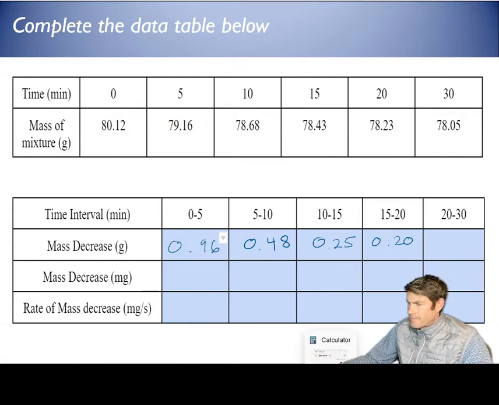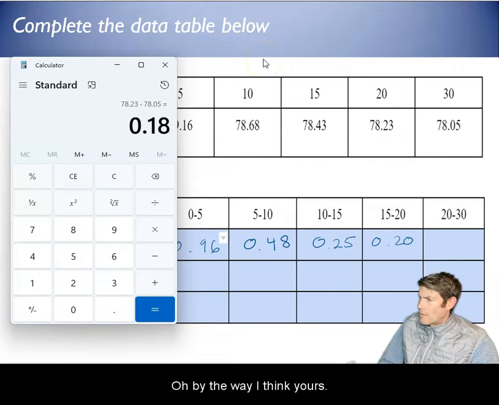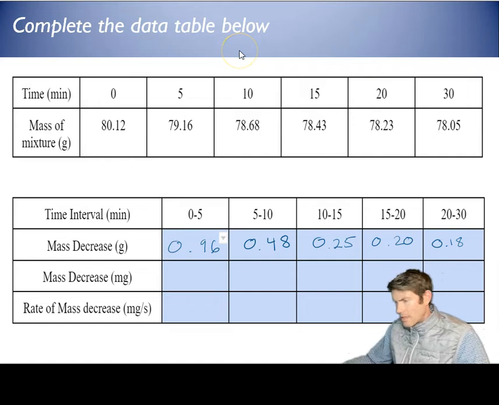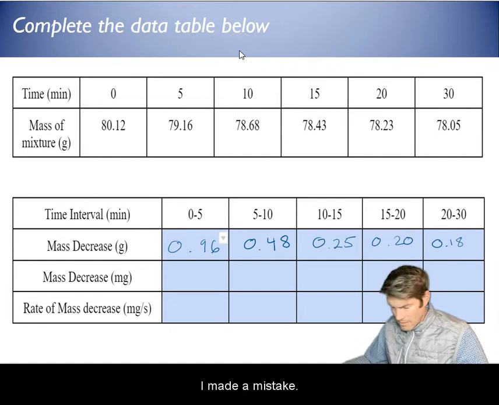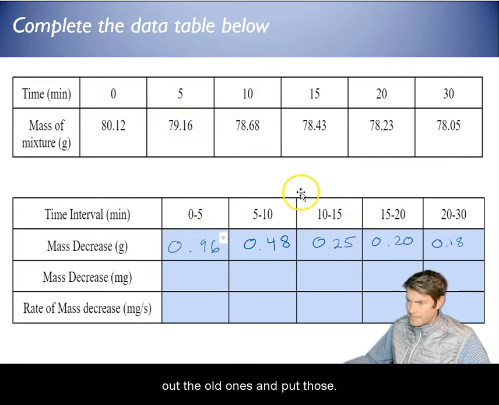Last one, 20 to 30, so 78.23 minus 78.05, 0.18. Oh, by the way, I think if you're watching this year, your numbers will look different on the one at home. I made a mistake. Just put these numbers in your table right here, scratch out the old ones and put those in.